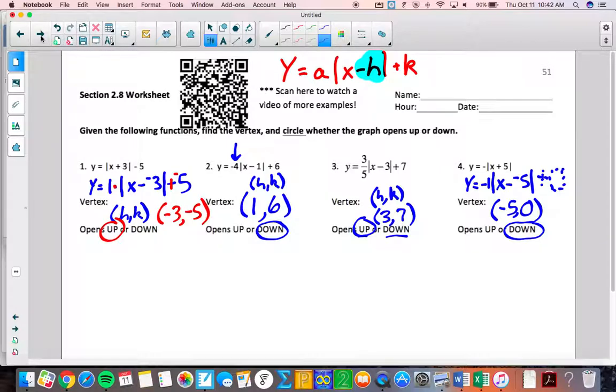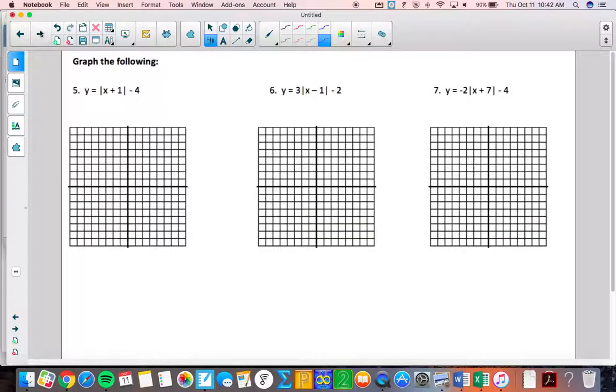All right, so now we're going to use that same skill and really answer the same questions, where's the vertex and is it opening up or down, to graph these things. So here, for this first function, I'm going to rewrite it as y equals 1 times the absolute value of x minus negative 1 minus 4. I just changed this to subtracting negative 1. It means the same thing.